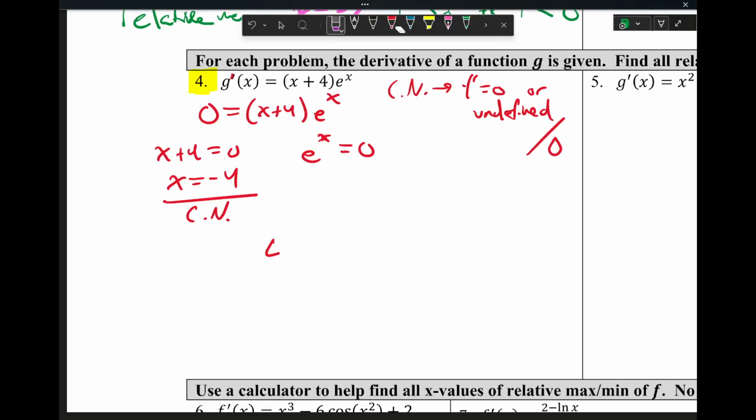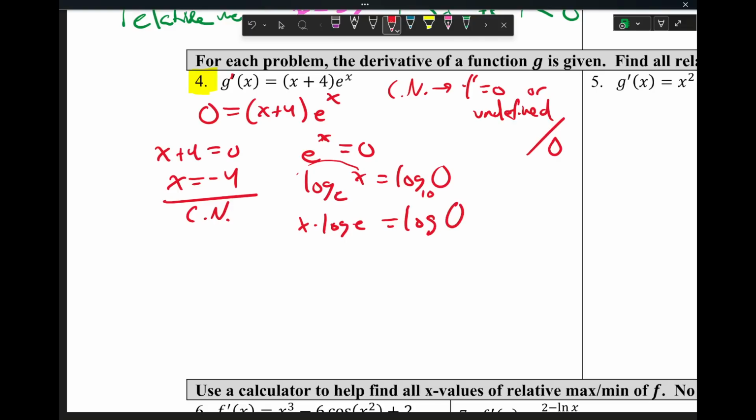Or the algebraic way to figure that out would be, you could take the log of both sides, which is okay to do as long as you do it to both sides. And here you could bring the x down, but this is a problem. This is not possible. You can't take the log of 0, you can't take the log of a negative number.